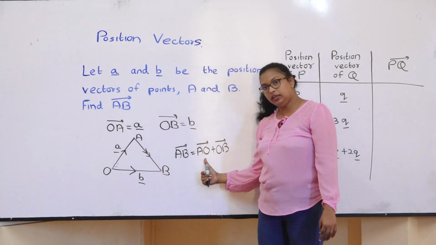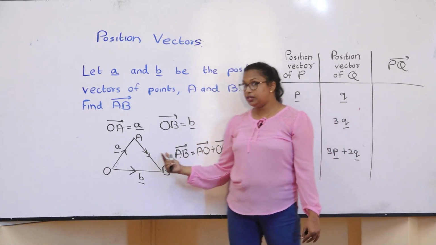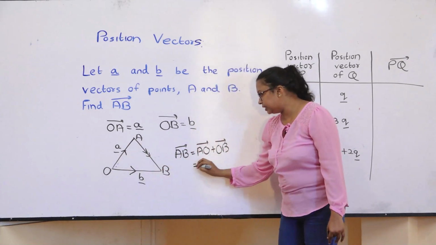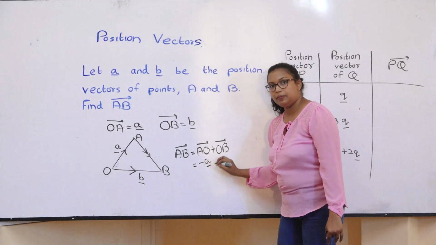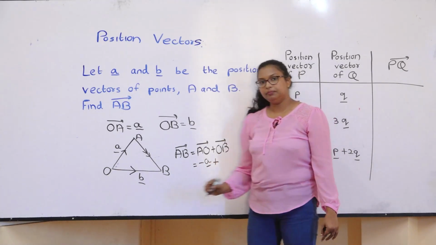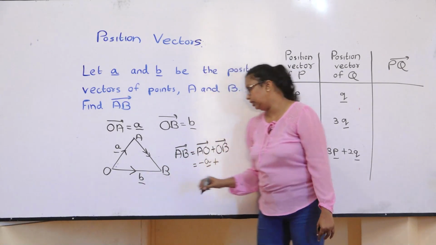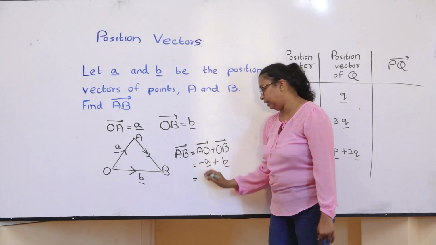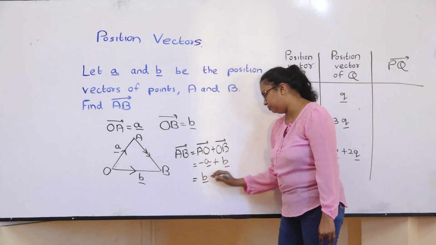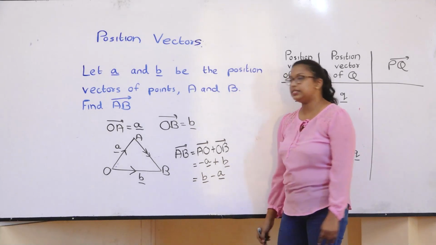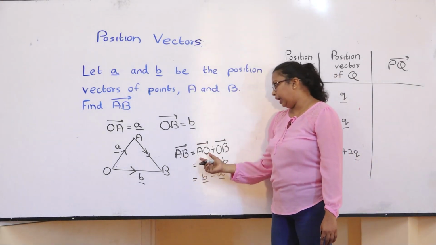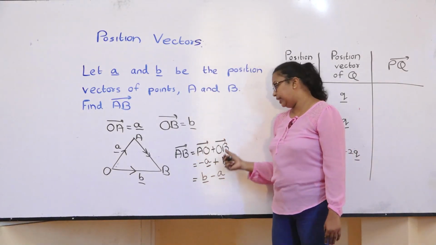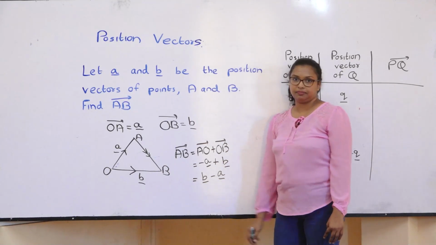But what you have here is AO, which is the opposite direction of OA. So, we write here minus A plus OB. OB means B. So, vector AB means vector B minus A. AB means AO plus OB. OB means B, AO means minus A, therefore that is B minus A.